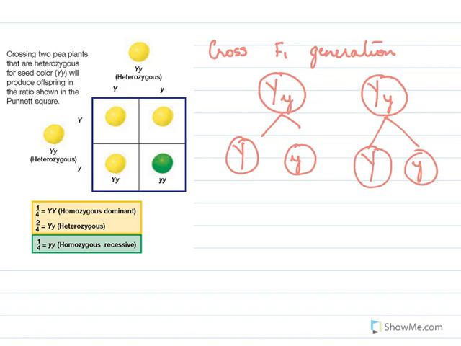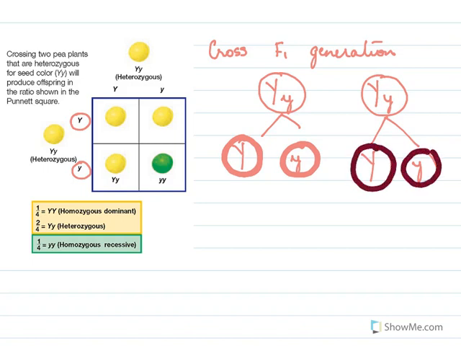So in this case they have put this Y and this small y here. They're heterozygous because they've got different genes, and this Y of the female has been put here, and then you cross.